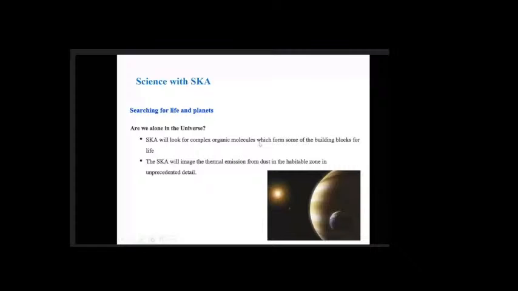If there are organic molecules out there, SKA will be able to find them. And also it can image thermal emission from the dust in the habitable zone. A habitable zone means an environment where life can sustain. There are certain properties, so SKA will be able to image those regions.